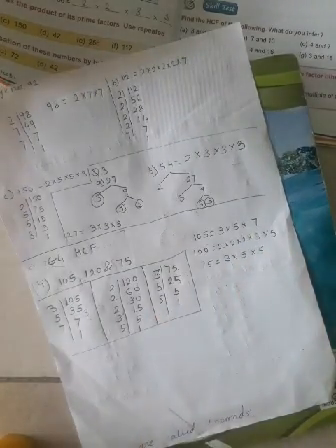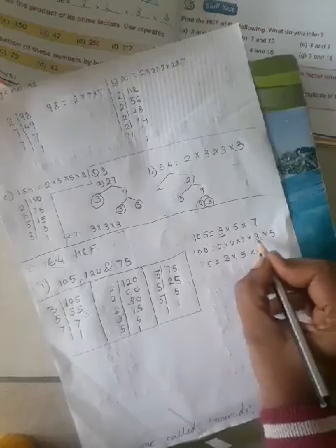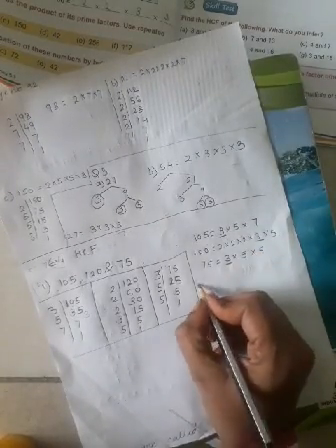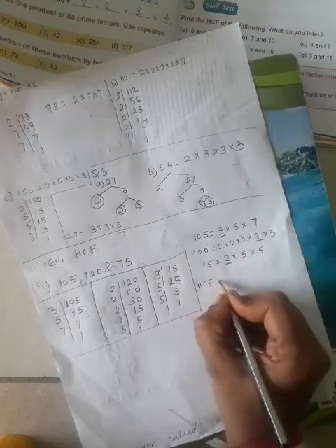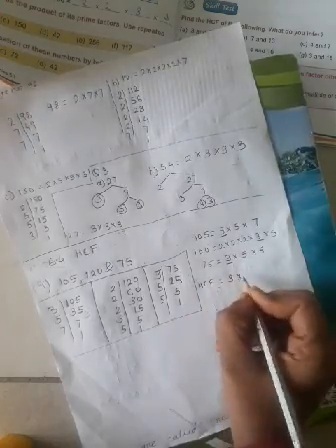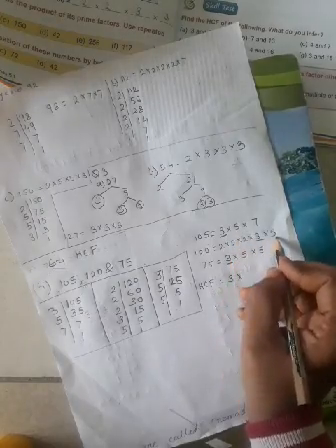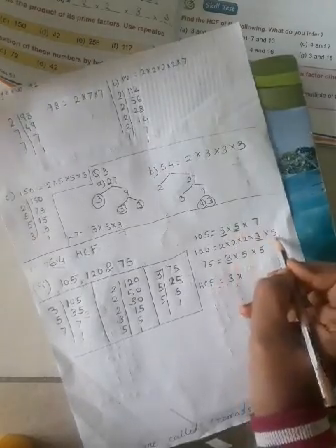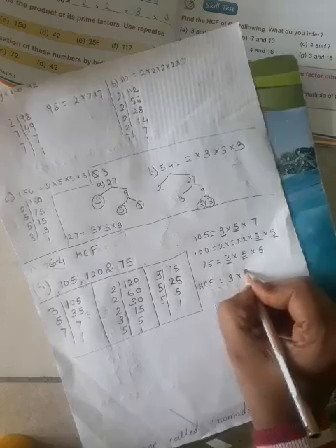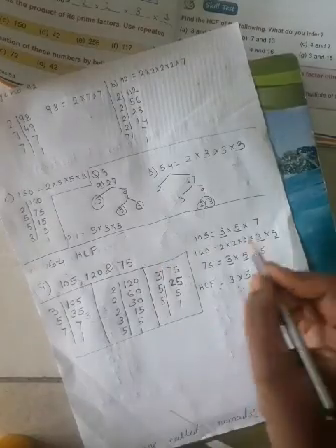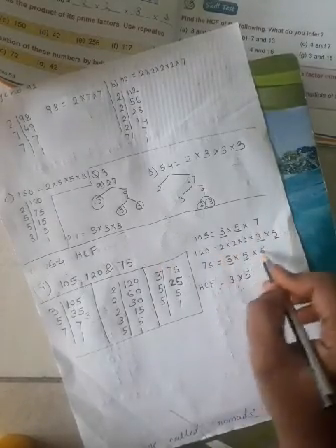See, the first has 3, the second has 3, the third also has 3. So for HCF, first write 3. Next, the first has 5, the second has 5, the third has 5. This is also common. Common means the same as it is in the given numbers: first one, second one, third one. Is 7 there? No, so this is finished.